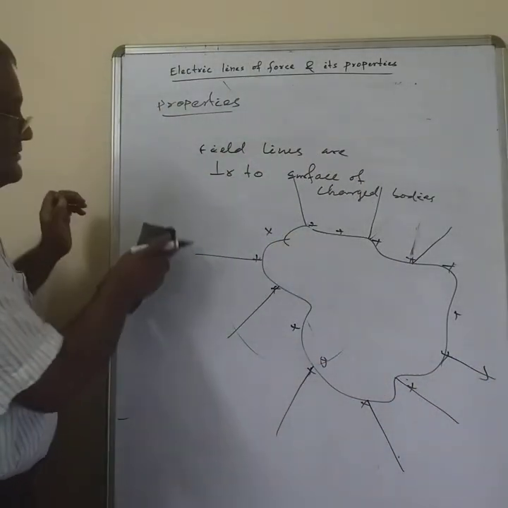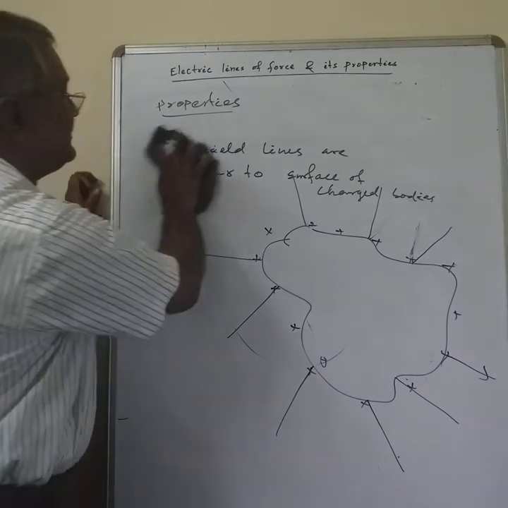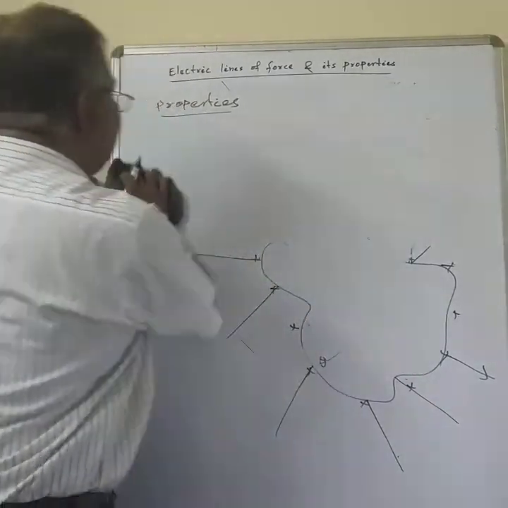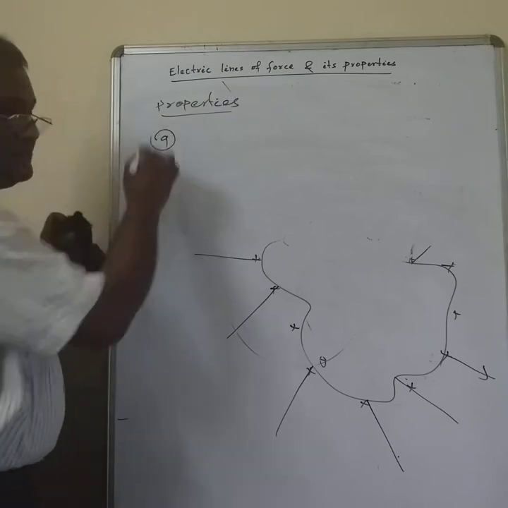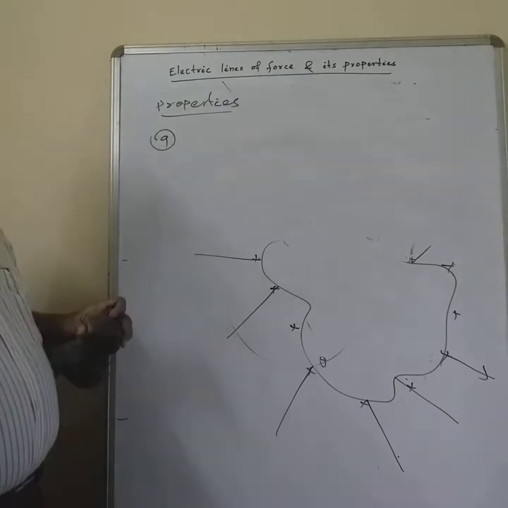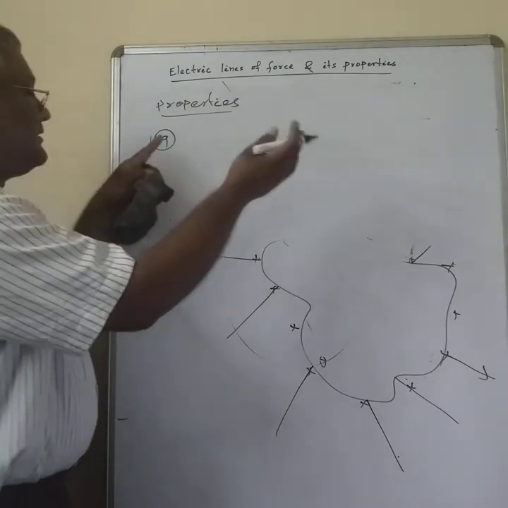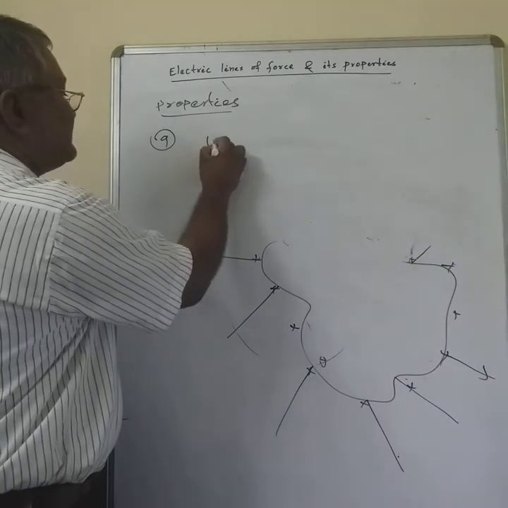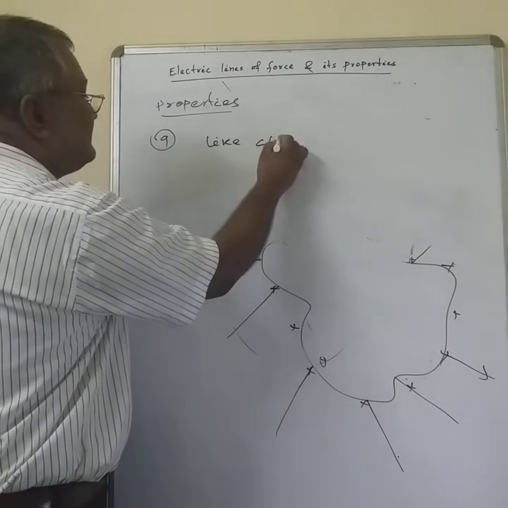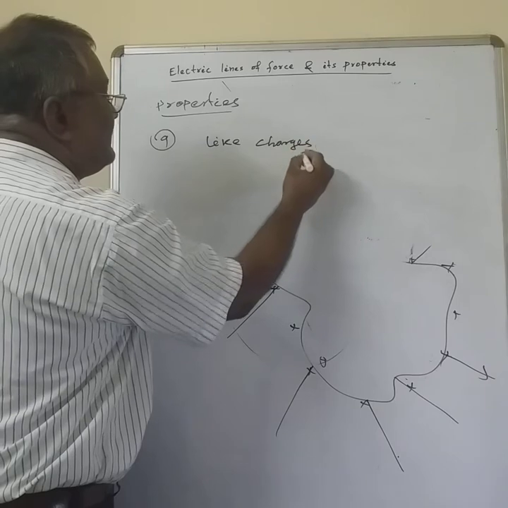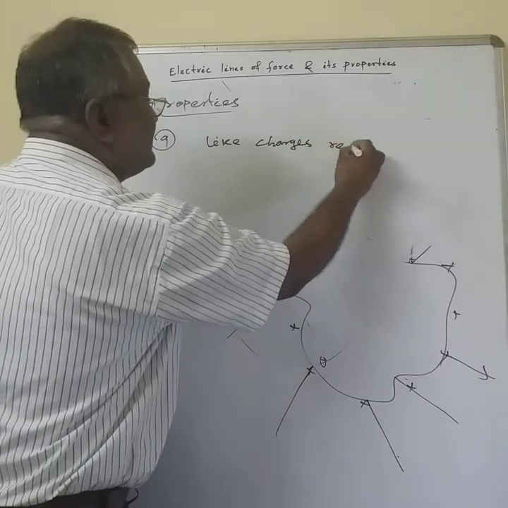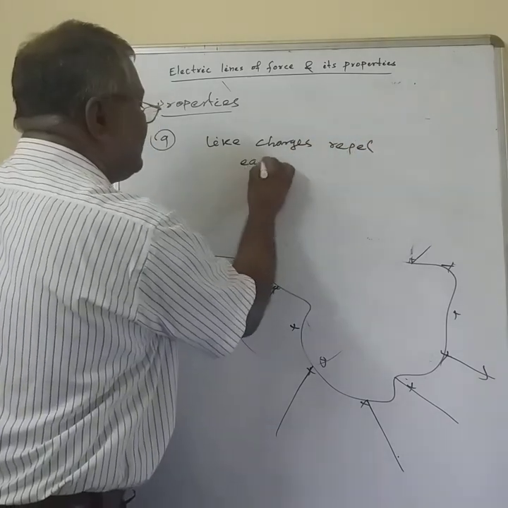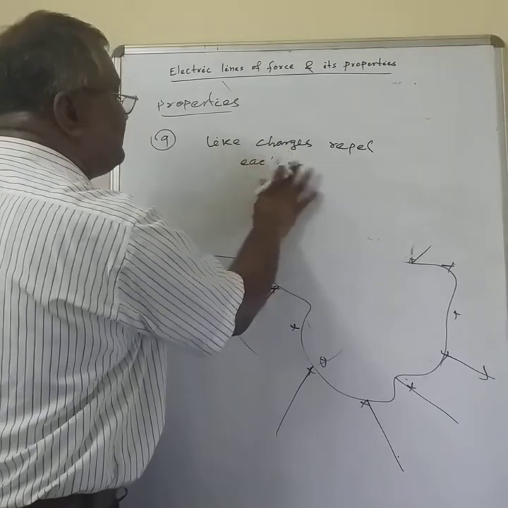The next is the ninth property. That is, electric field lines of like charges repel each other. Why is it so?